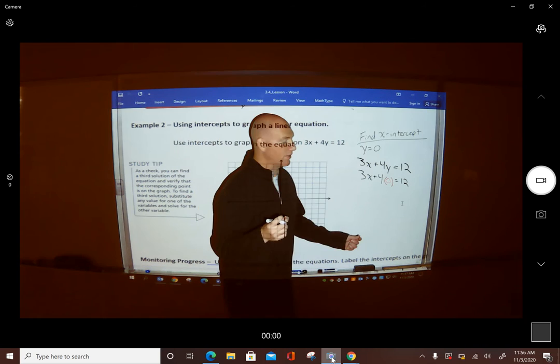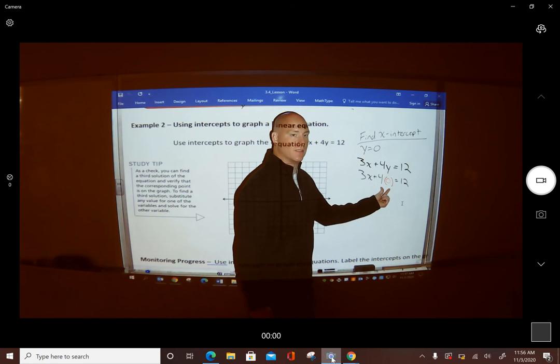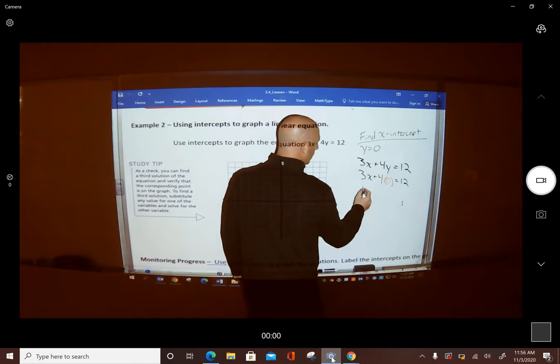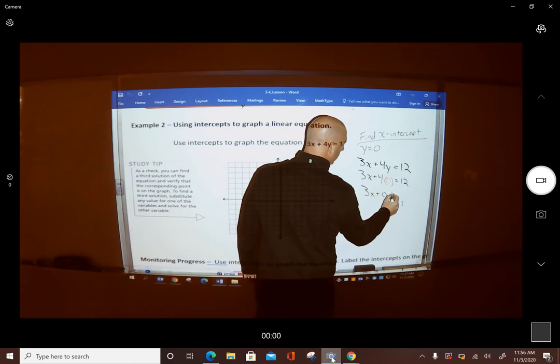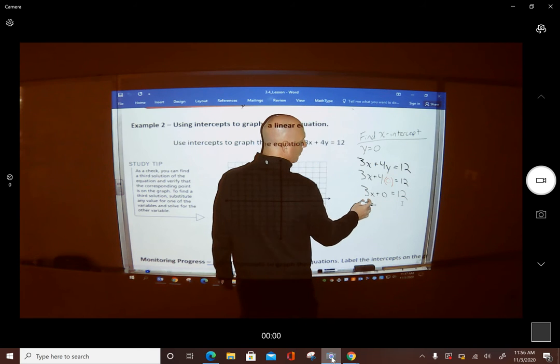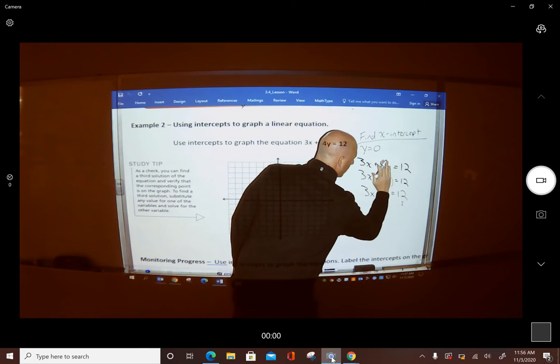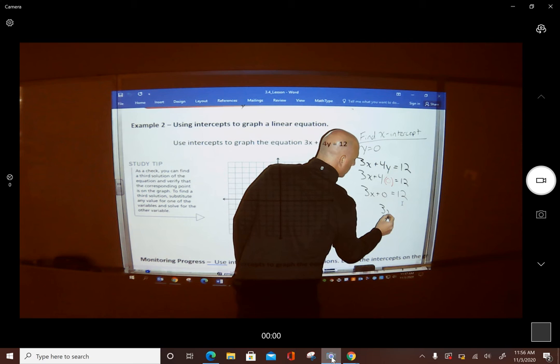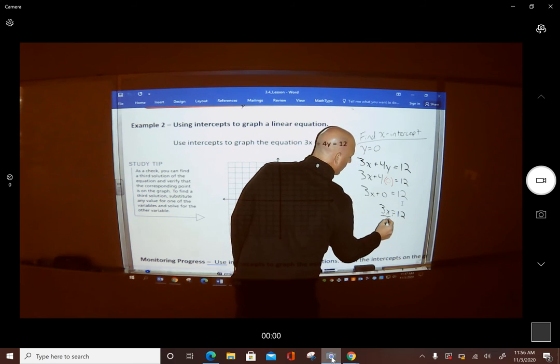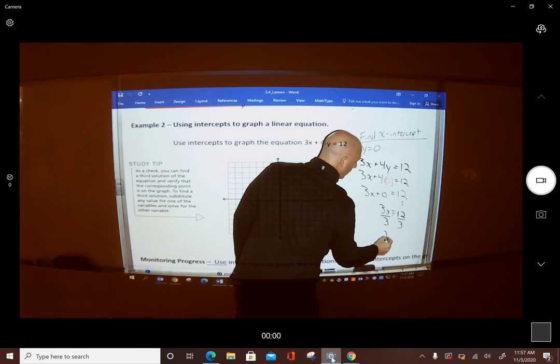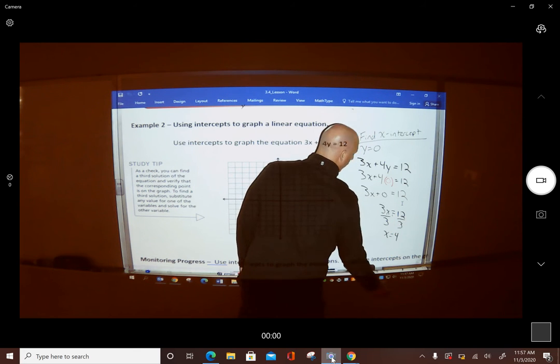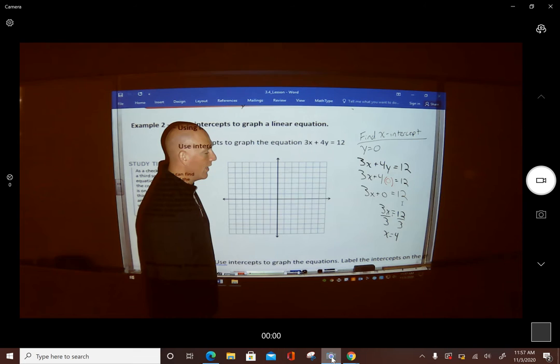And this is something that's going to make this a lot easier. What always happens here? It multiplies to make 0. So I'd be at 3x plus 0 equals 12. But anything plus 0 is itself. So really, that part just drops out. Divide each side by 3, x equals 4. So now we know our x-intercept.